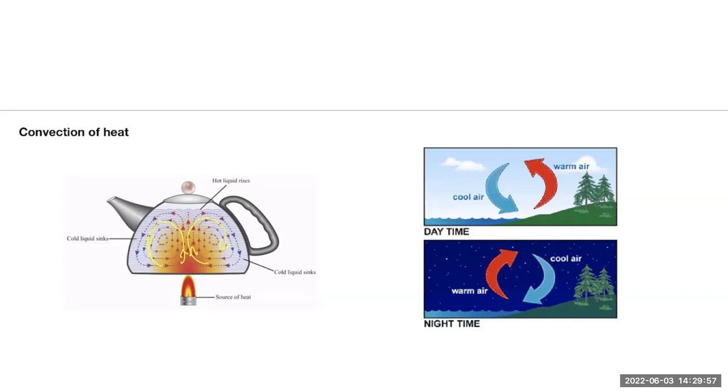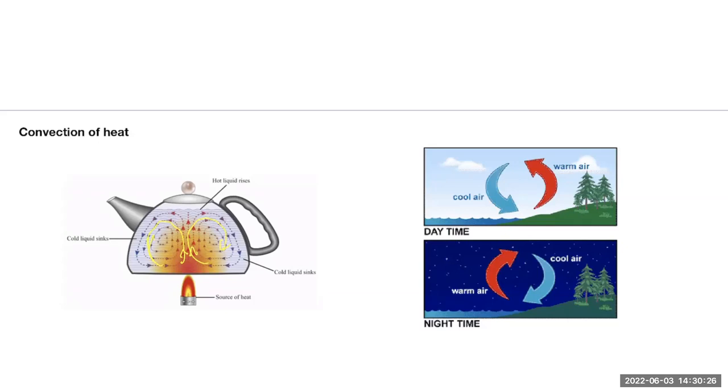Therefore, it will tend to move up because of the buoyancy effect. So it's natural to have this flow of air forming a loop that has major consequences in weather patterns. And there are many other examples of convection, but we can only talk about them qualitatively. It's much harder to study quantitatively than conduction.